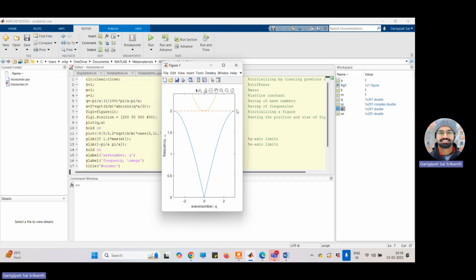This line just marks the cutoff frequency which we got analytically. We see that exactly at the point where the pass band ends, the attenuation band begins. That's really important, which means we got our attenuation band correct.